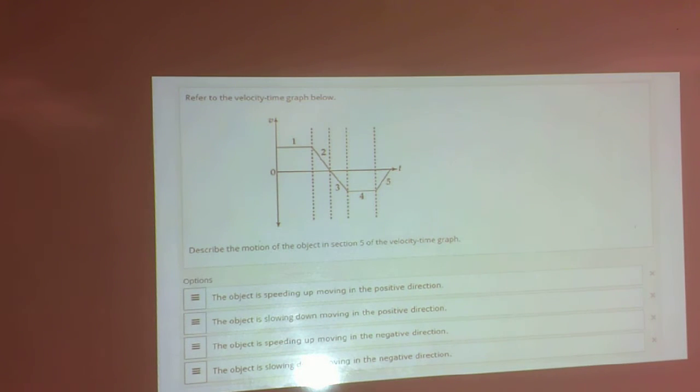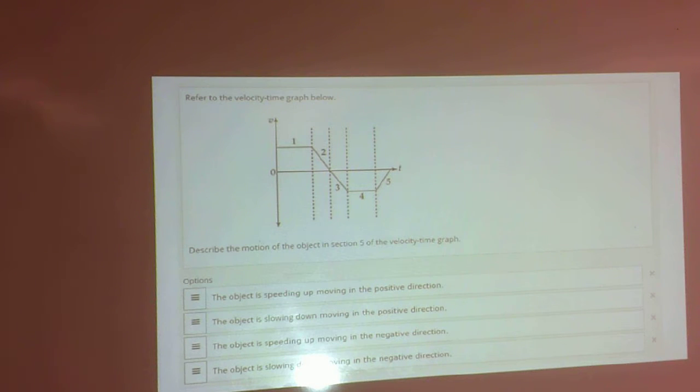Okay, so this is the velocity time graph. Now we're measuring something different. We're not measuring velocity, so I cannot read it that way. We are doing a position one. Basically, we're figuring distance.